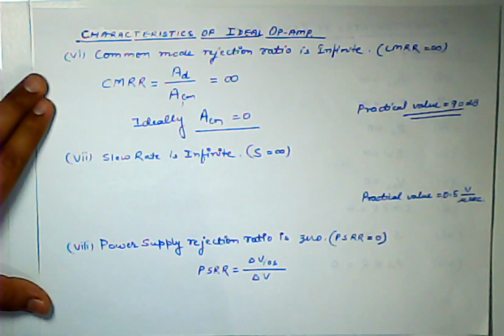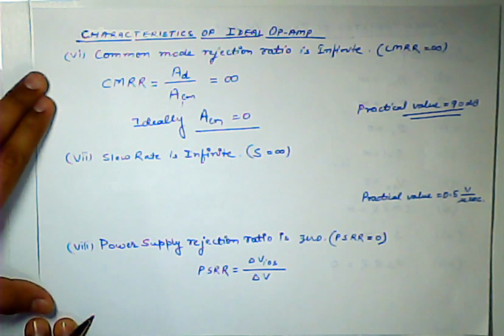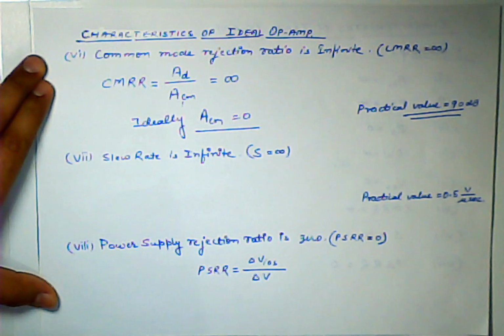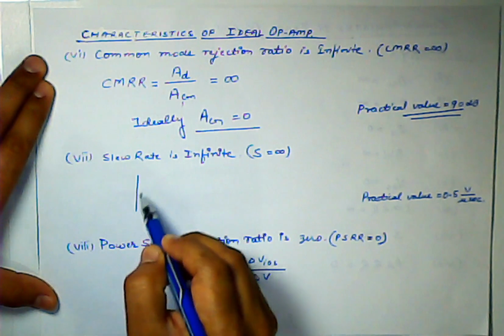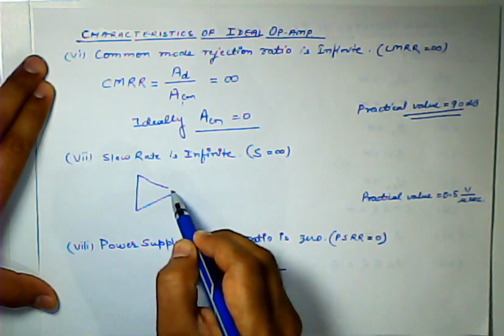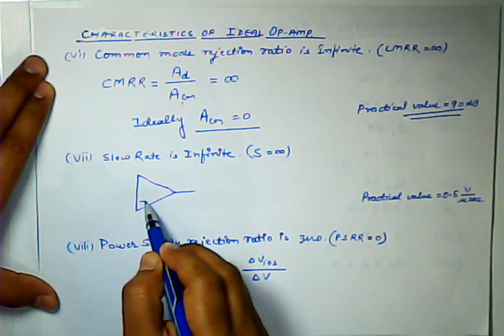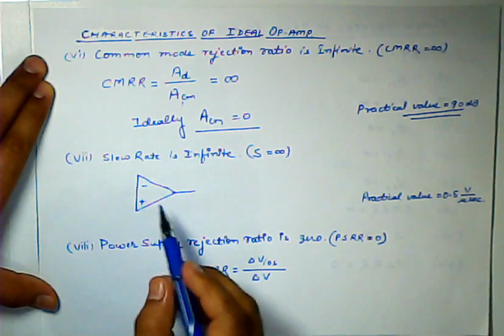Next parameter, or you can say the next property of op-amp, is slew rate is infinity. What is slew rate? Suppose an op-amp has two input terminals.